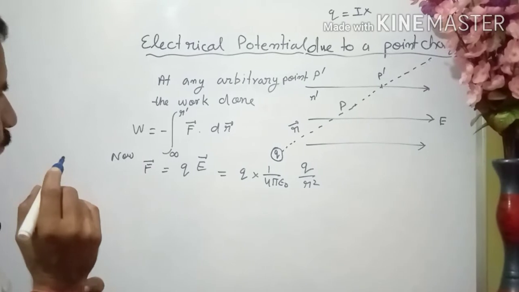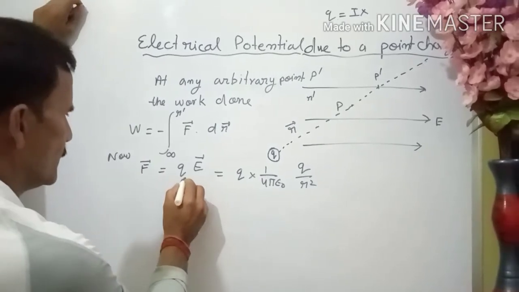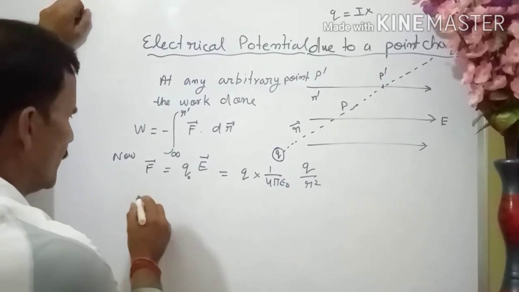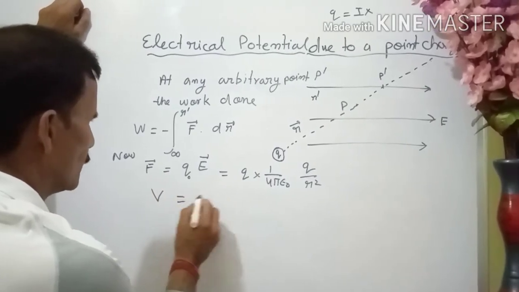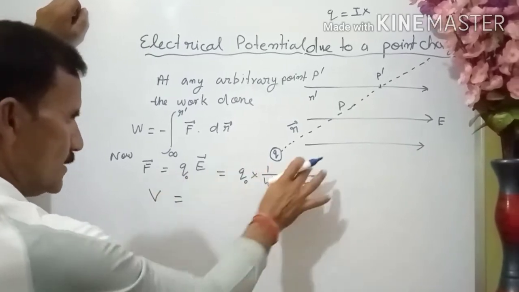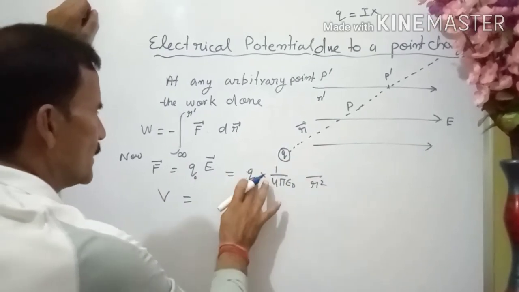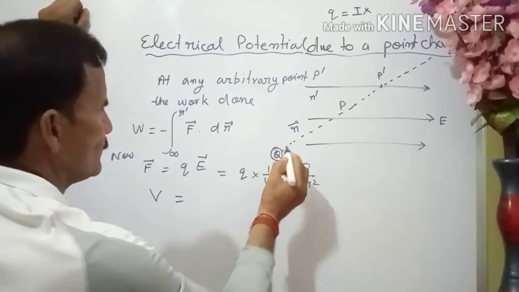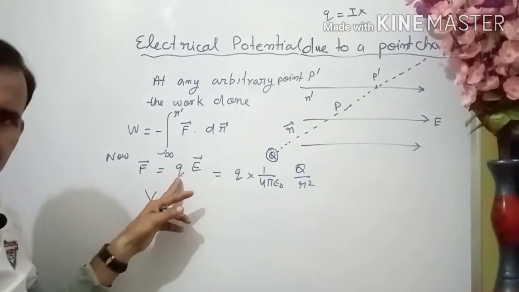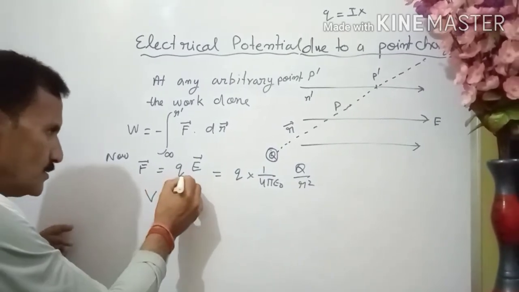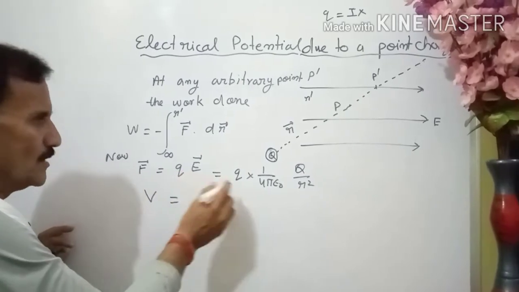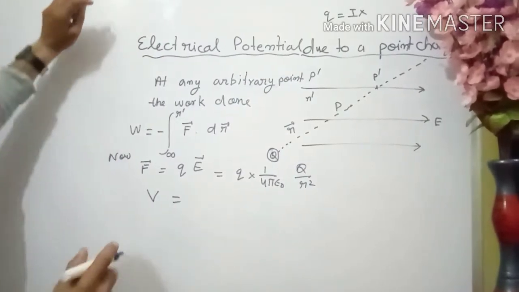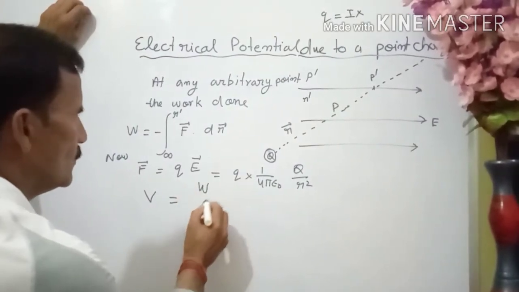So this is the force, and suppose we are taking this unit positive charge. So when you take the electrical potential, V is equal to W upon q. This small q is the test charge, this is the unit positive charge, but capital Q is the charge due to which the field is produced.